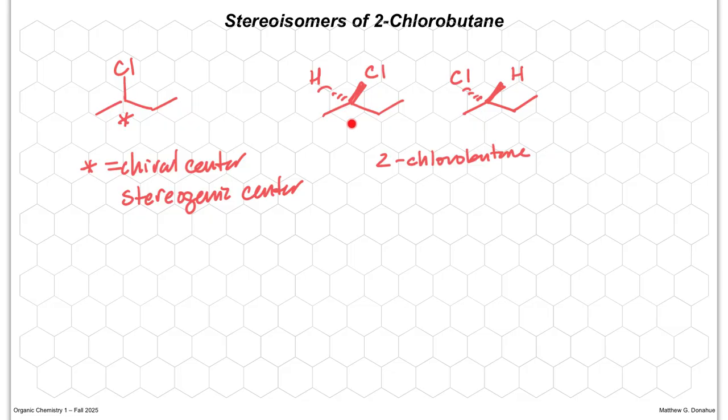So these are called stereoisomers, and more specifically, they're mirror images of one another. And the term that's used is enantiomers.